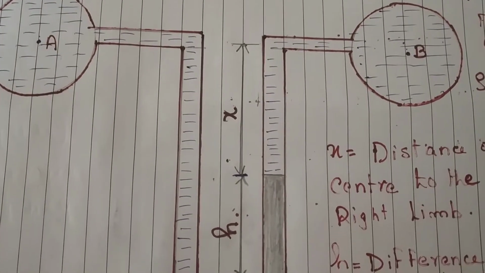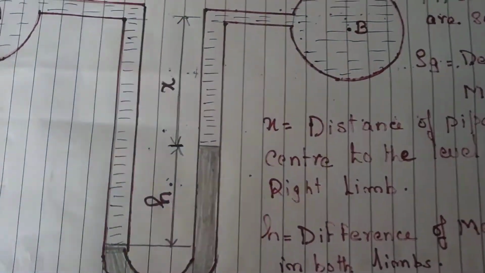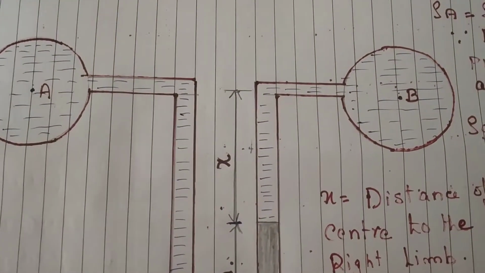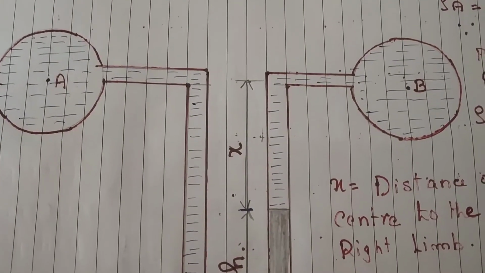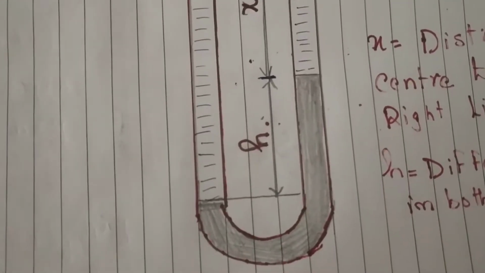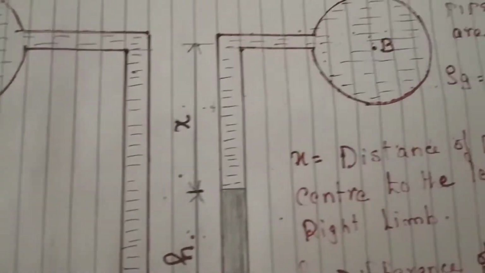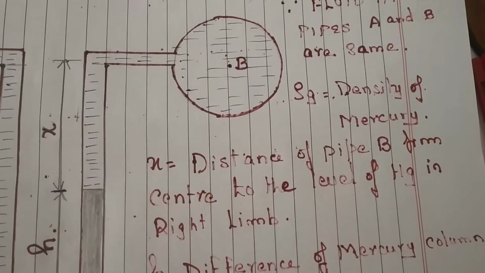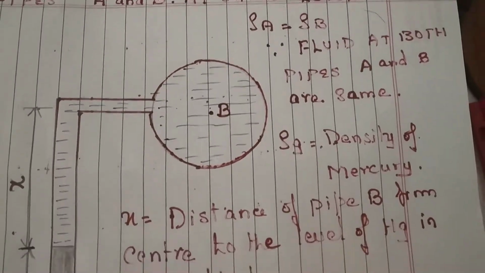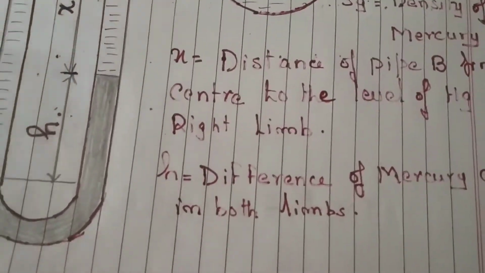Once an equilibrium position is maintained, we take the measurements: x is the distance from the center of pipe B to the level of the mercury in the right limb, and h, as usual, is the difference of the mercury level in the left and right limbs. Since the density is the same, I take the density of mercury as rho g, and the density of both fluids, rho A equal to rho B, as rho.